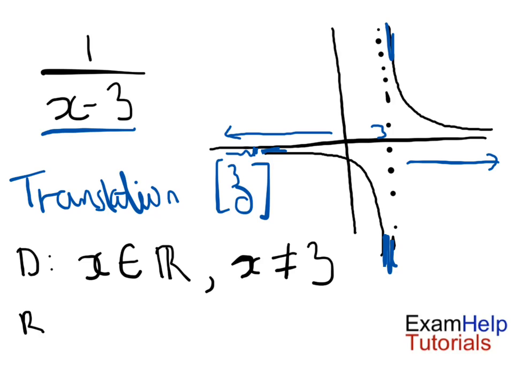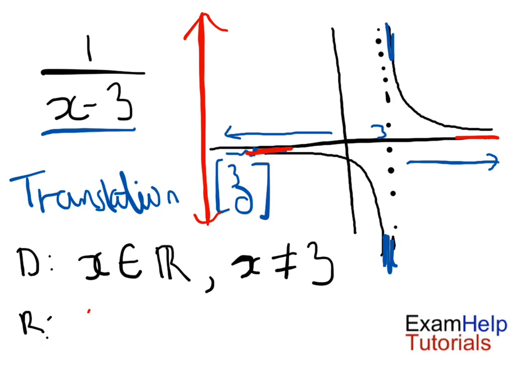Okay, so what's our range? Our range is the f of x, which is in the y direction. Our range is up this way and down this way, and it can be absolutely anything apart from 0, because it's never going to touch this x-axis.